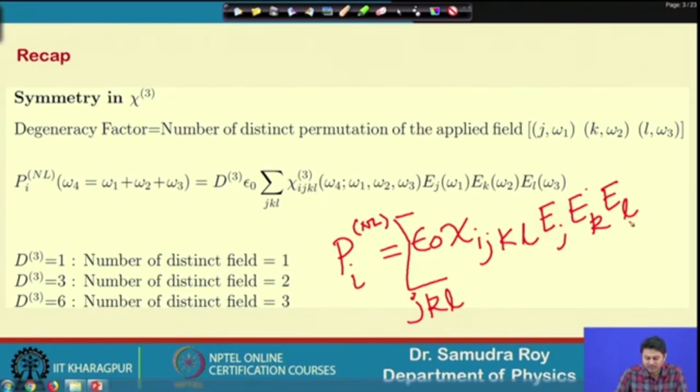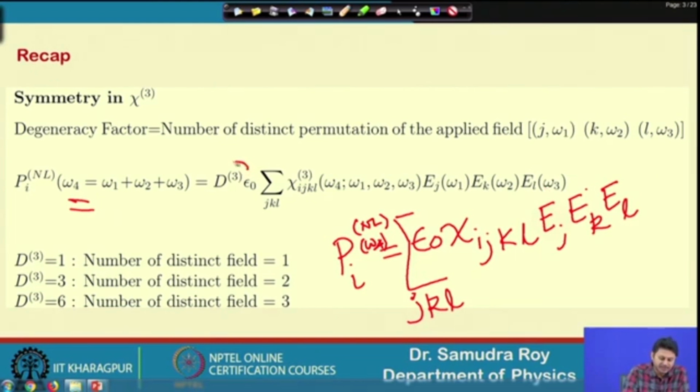Then we will have a frequency component omega 1 plus omega 2 plus omega 3, and we write this frequency component as omega 4. So, P nonlinear at omega 4 will be the multiplication of these terms E j, E k, E l, having frequency components 1, 2 and 3. Now, if any two of these are the same, or three of them are the same, or none of them are the same, there are three different conditions, and for these three different conditions we have a degeneracy factor.